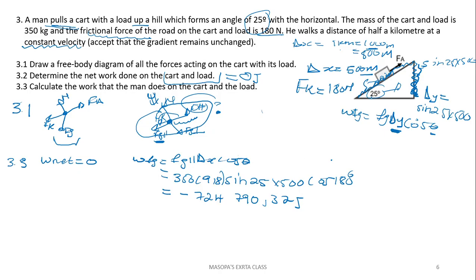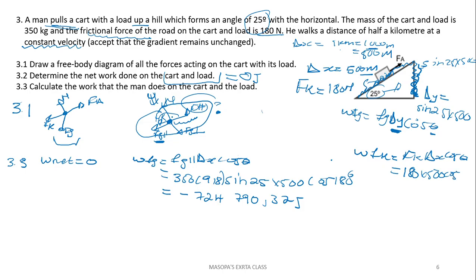Then the work done by the Fk is how much? Fk delta x cos of theta. Then the Fk is how much? 180. The delta x is 500. Cos of what?